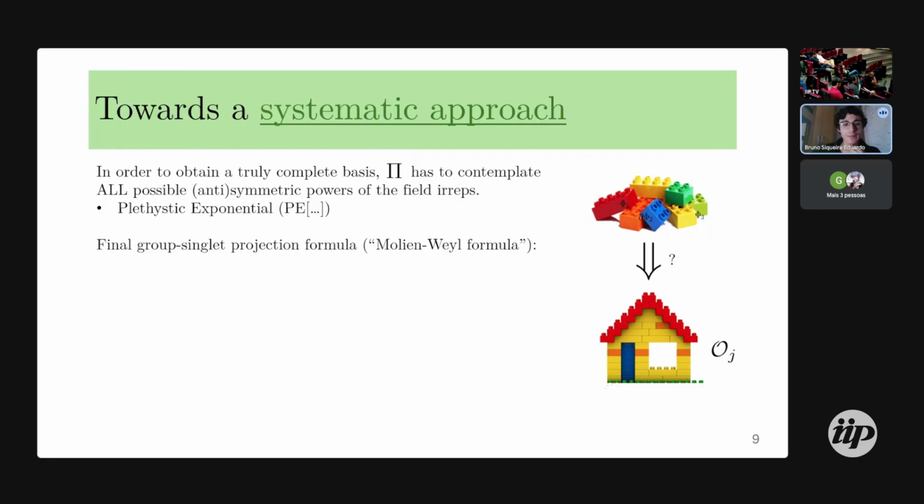And there's also already a tool in mathematics that does that for us, which is called the plethystic exponential, represented by this PE here. And everything you put in this plethystic exponential gives you all the possible symmetric and antisymmetric combinations.